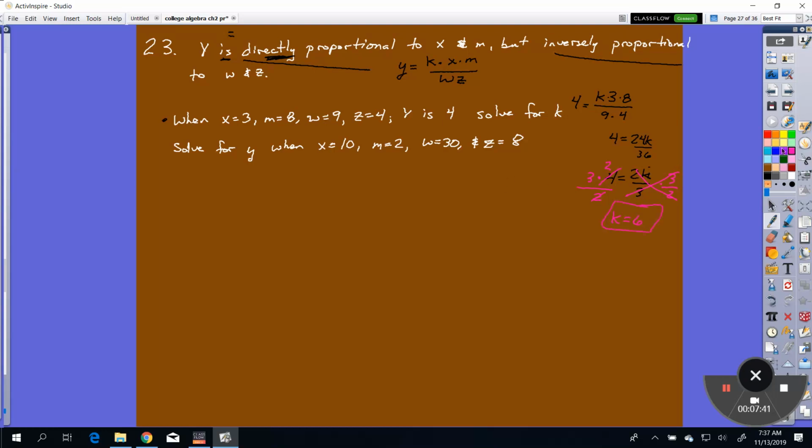That's part 2. Now part 3 says solve for y when x equals 10, m equals 2, w equals 30, and z equals 8. So we want to know what y equals. There's my y equals. k is 6, x is 10, m is 2, w is 30, and z is 8.